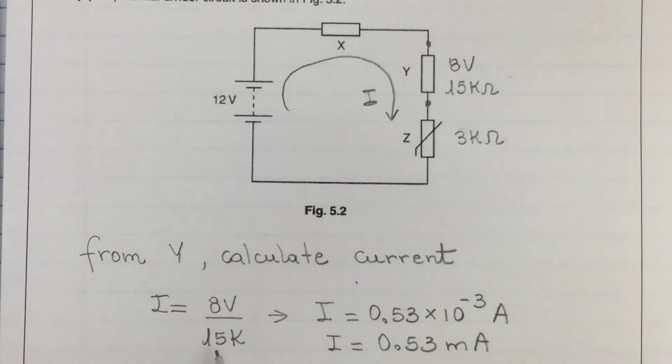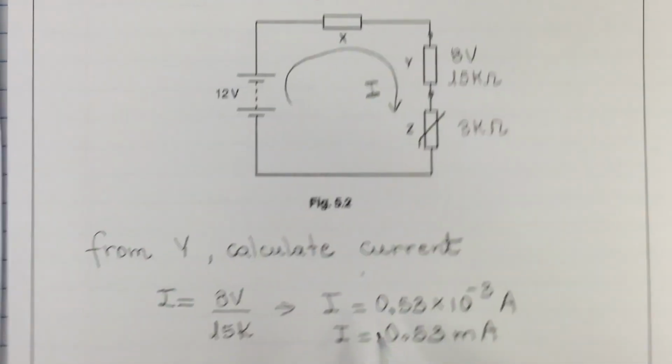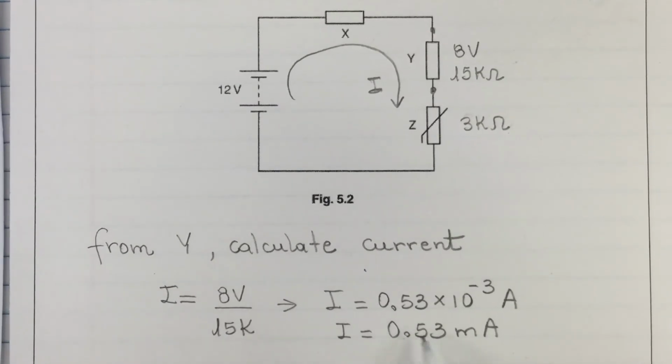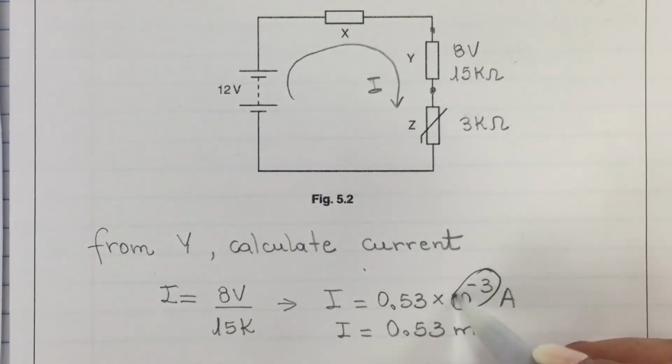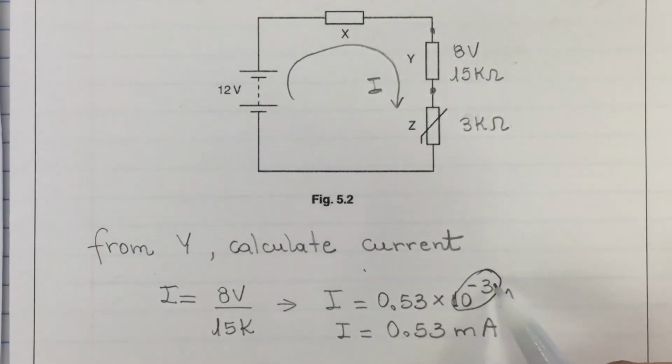So 8 volts over 15 kilo ohms, on your calculator, is 0.53 milliamps. You can keep it as 10 to the minus 3 for now, or you can use the prefix milli.